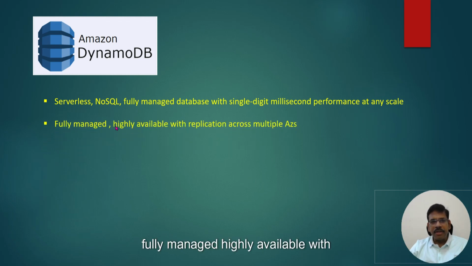Fully managed, highly available with replication across multiple availability zones. You store data in one availability zone, but that gets replicated in other availability zones automatically. So it's highly available, fully managed. You don't have to create any database engine at all. You simply need to create a table. That's it.